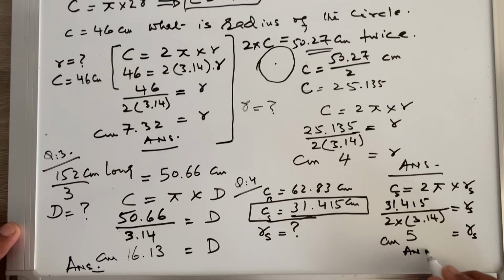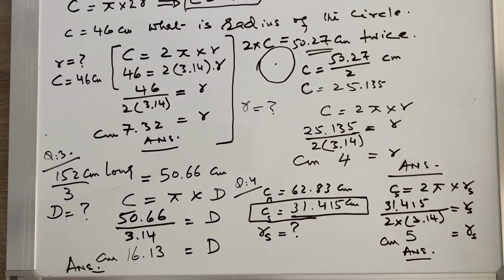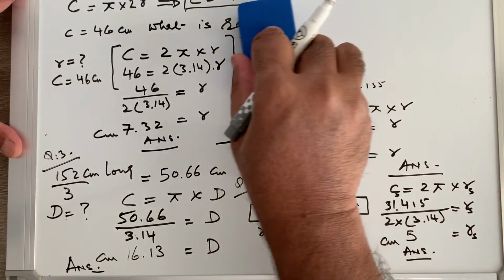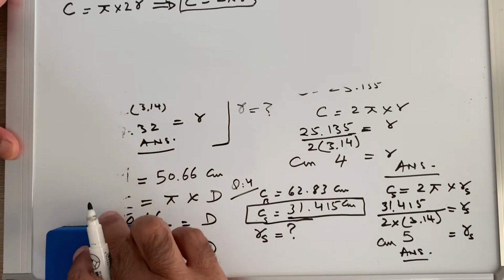Answer. So in this way we have a few questions regarding the circumference of the circle. And similarly, we will deal with the diameter of the circle today, to have the formula of the diameter of the circle. So I will erase it quickly. I hope you understand these questions. If you have two variables in the question, you can find out the third variable.